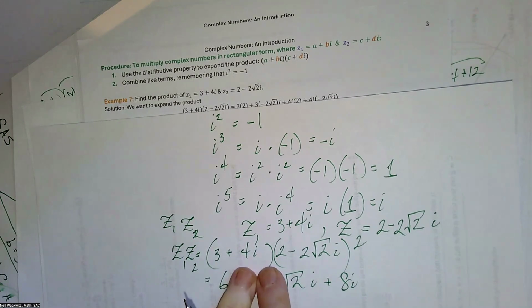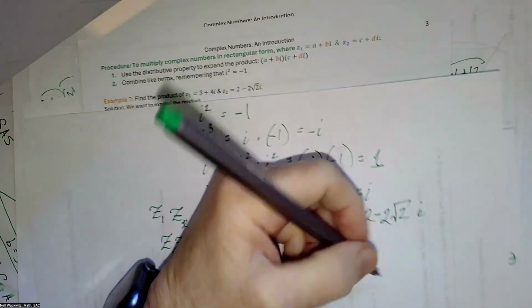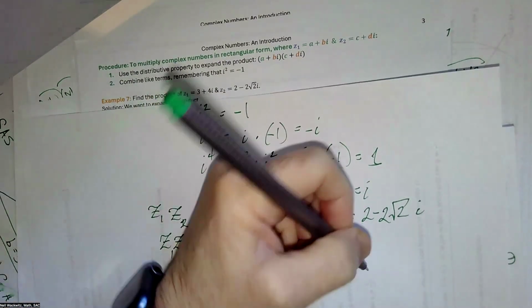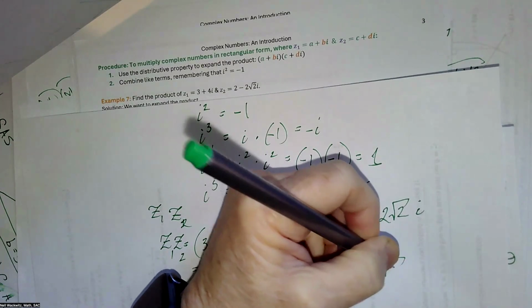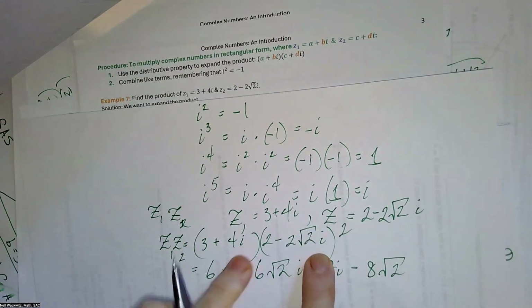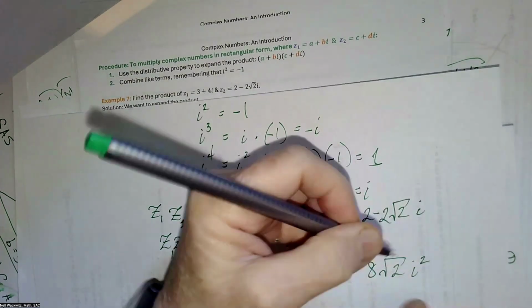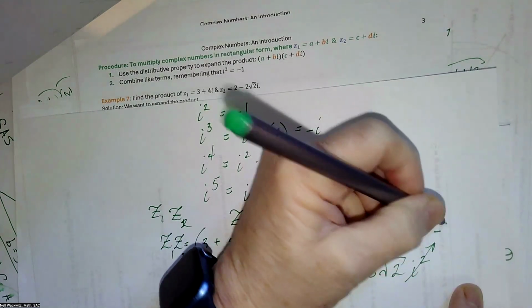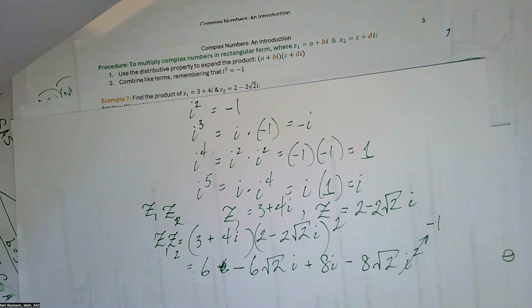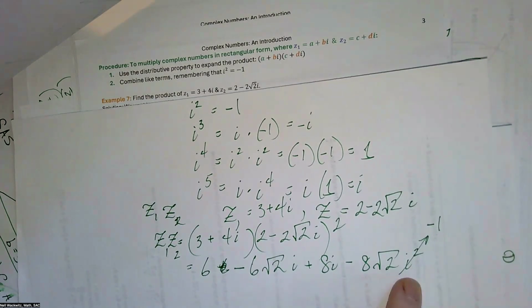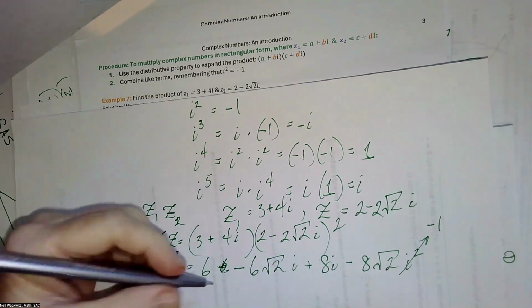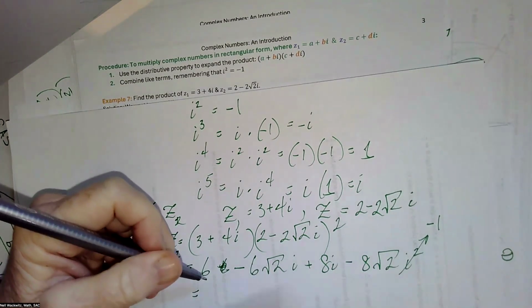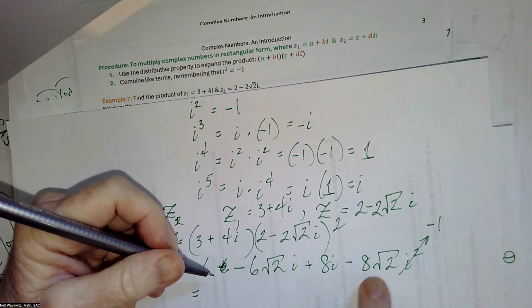And then we have 8i. And then minus 8 square root of 2 i squared. But i squared is -1. This is weird. So let's see, -1 times a -8 is a +8. And I'm going to move this down front because this is now real.